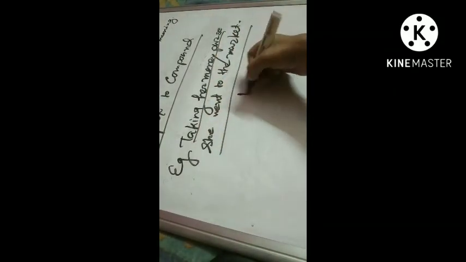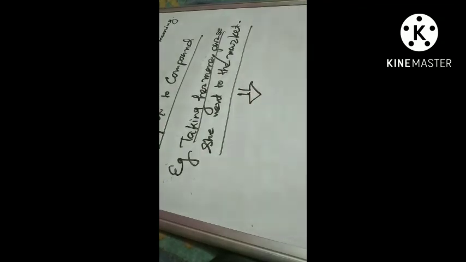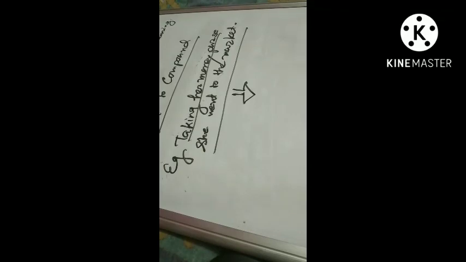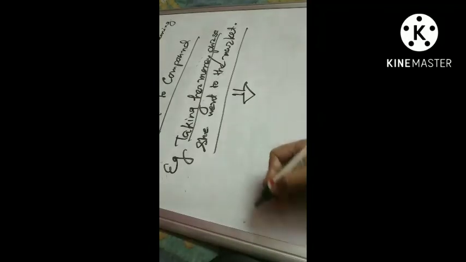So how can we make it compound? We have to finish the complexity of this sentence. So we have to make two independent clauses. Taking her money purse, make it independent. How?